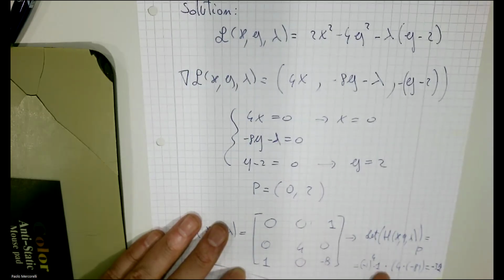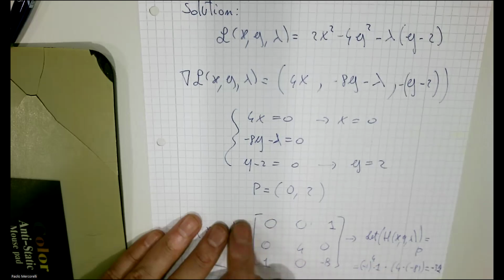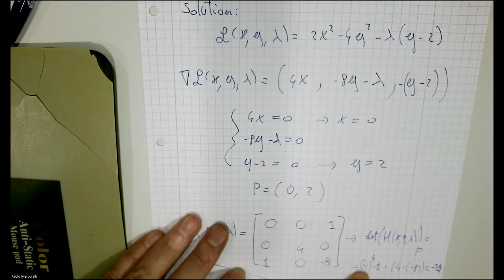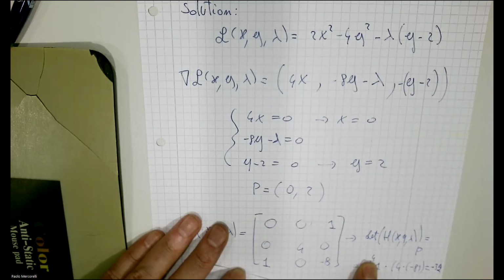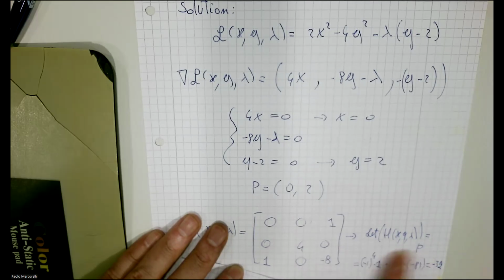But why -1 up to 4? Because we have first line, third column. This means 1 plus 3, which is 4, so -1 up to 4. If you look now at the memorandum, we will see up to 4 because we have i plus j. The position is first row, third column.